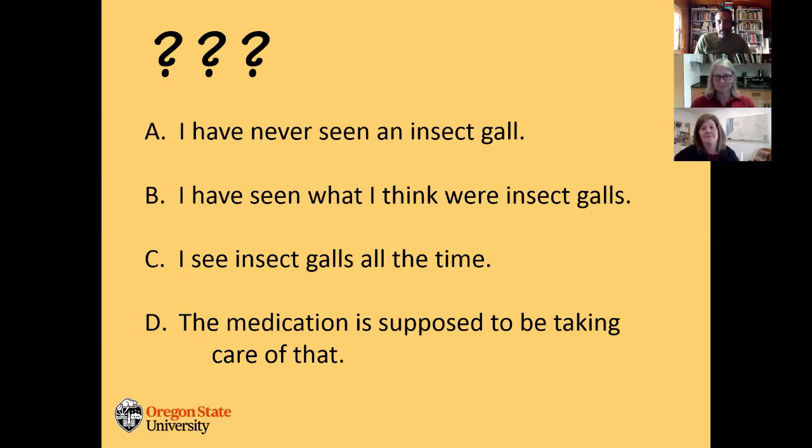Alrighty. So the majority, although by a slim margin, is I've seen what I think are insect galls, and then number 2 was I see insect galls all the time. Okay. And just a handful of folks for the other options. Okay, well, those of you who are taking medication, I hope it's working.